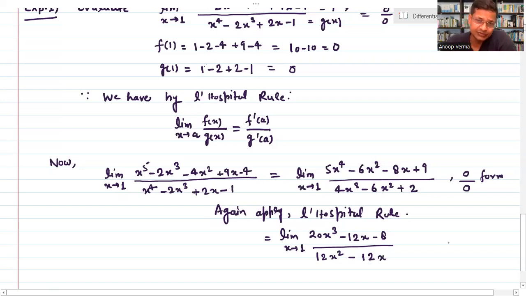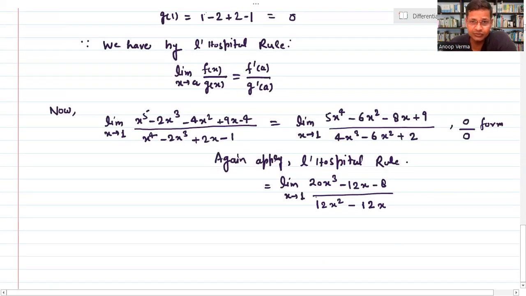Okay, so if you again put x equals to 1, this will be 20 minus 12 minus 8, so minus 12 minus 8 is minus 20, and 20 minus 20 equals 0, or this is 12 minus 12, this is again 0 upon 0 form. Again you apply your L'Hospital rule till you get a non-zero number, or you can say not 0 upon 0 form; you will have to apply this L'Hospital rule.